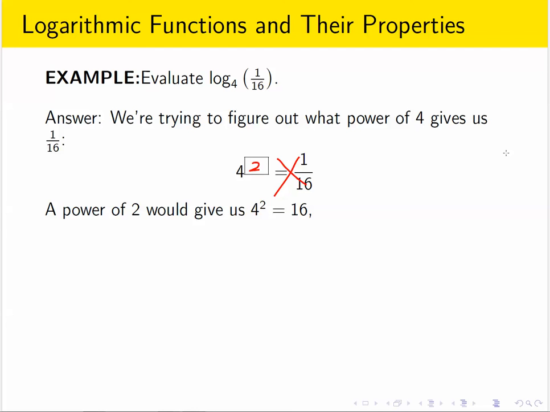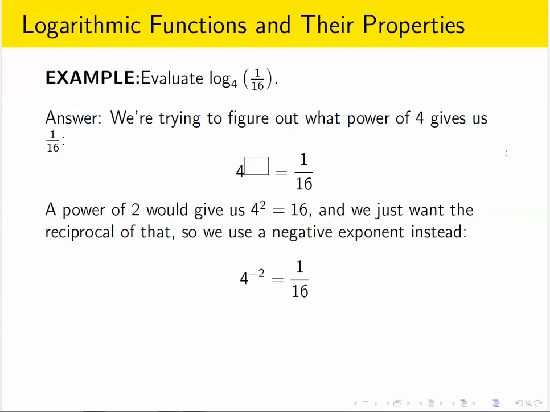Although I don't want 16, all I want is the reciprocal of 16. And I can get a reciprocal out of an exponent by using a negative exponent. So if I fill in this box with a -2, I'll get the right value, which means -2 is the power of 4 I need to get 1/16. So -2 is the logarithm base 4 of 1/16.